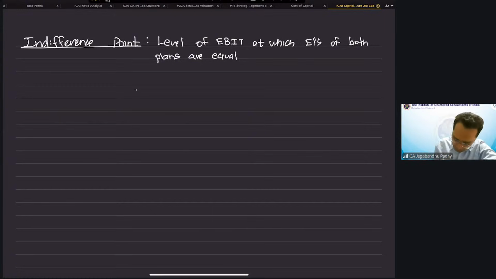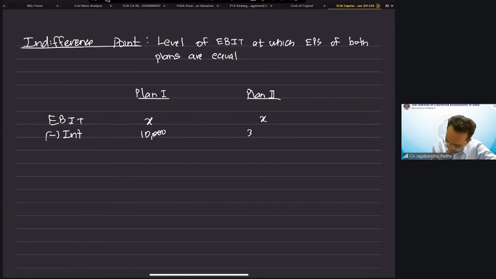So let us say we have two plans, plan 1 and plan 2. We don't know what is their EBIT. Let us name them as X. Less interest. Suppose plan 1 is having an interest of 10,000. Plan 2 is having an interest of 30,000. Then we get the PBT figures, right?